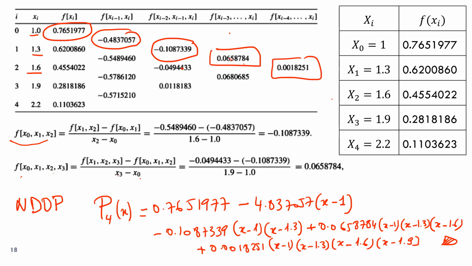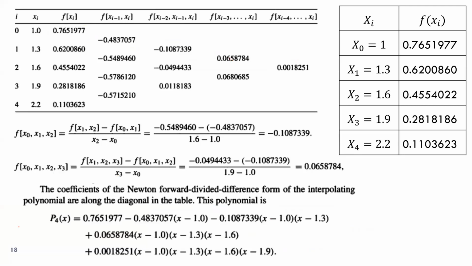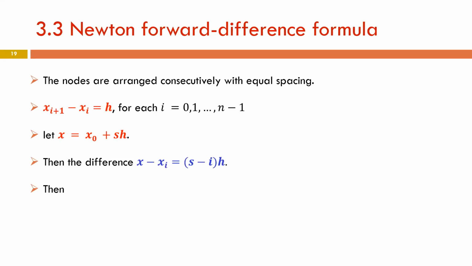Okay, so this is another way to determine the Lagrange interpolation polynomial. So this is P4.